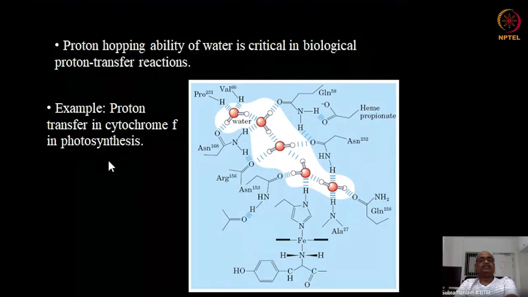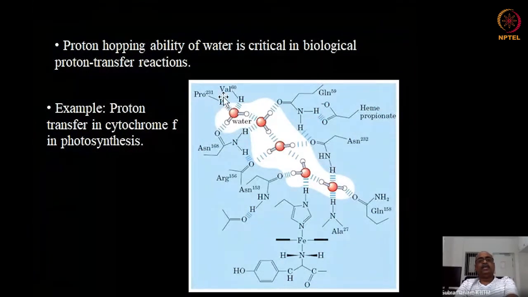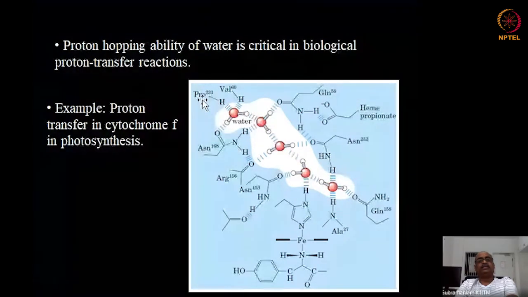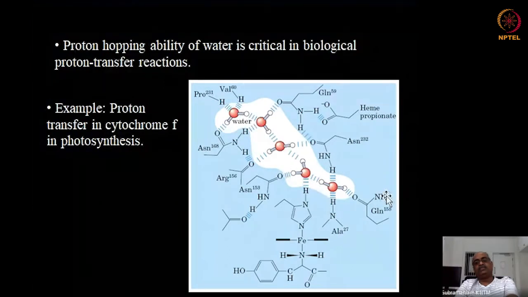As seen in cytochrome f, a protein involved in photosynthesis, we will learn in great detail when we get to photosynthesis several lectures from now. In its active site, for example, a proton donated by this proline residue, where the number indicates the amino acid number in that polypeptide chain, quickly transfers via these water molecules in the active site to this glutamine at another location.